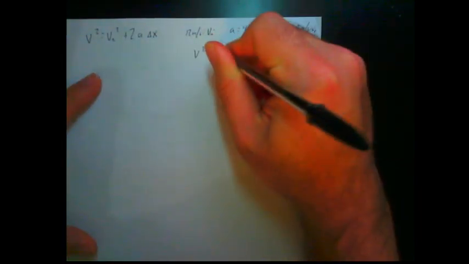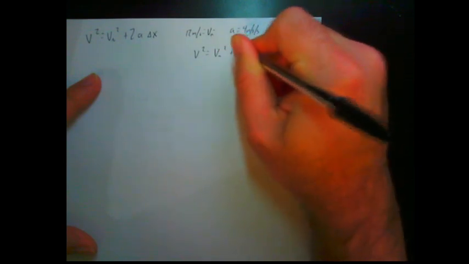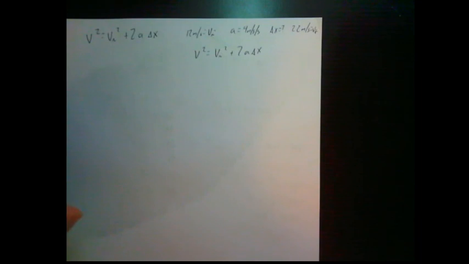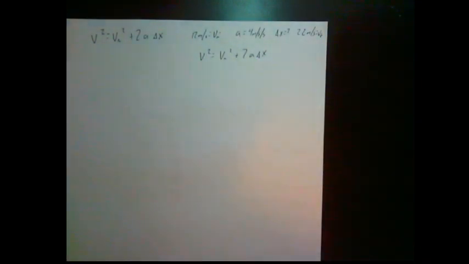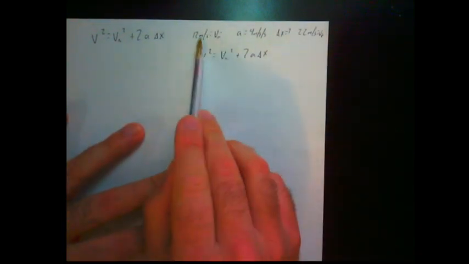V squared equals VI squared plus 2A delta X. Now, a reasonable question here would be, how do I know I need to use this formula and not the delta X equals VIT plus 1/2 AT squared formula? Well, the biggest difference is that in the 1/2 AT squared formula, you'll notice there was a T squared.